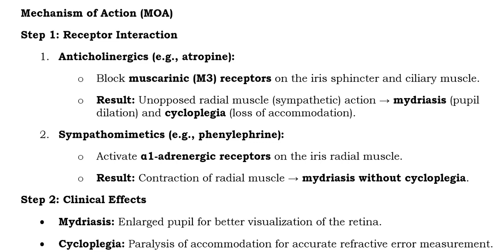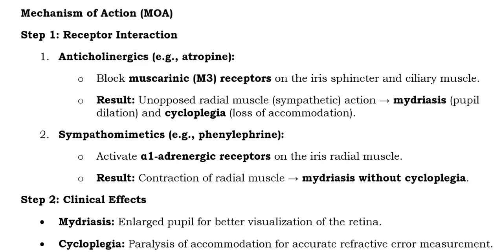Okay, let's recap that mechanism bit. Anticholinergics block M3 receptors: dilation plus focus paralysis. Sympathomimetics activate alpha-1 receptors: dilation, minimal focus paralysis. Nicely summarized. Got it. So what are the clinical effects we actually see from these mechanisms? The two big ones are mydriasis and cycloplegia, just as we discussed. Mydriasis, the bigger pupil, gives us that wider view into the back of the eye. Exactly.